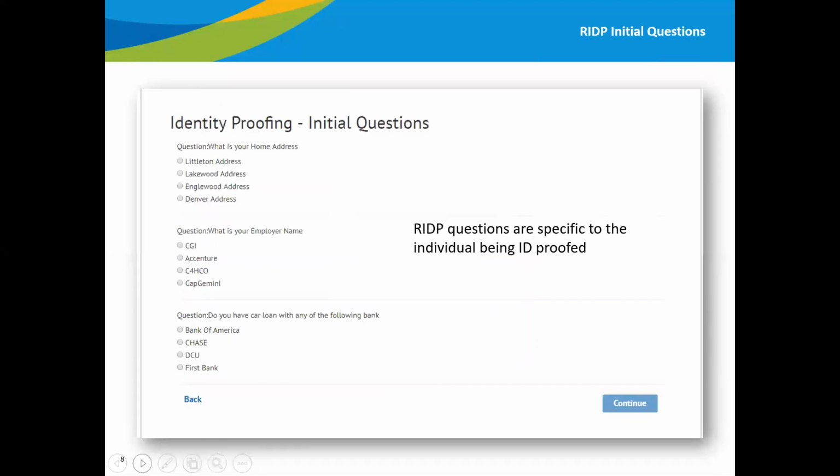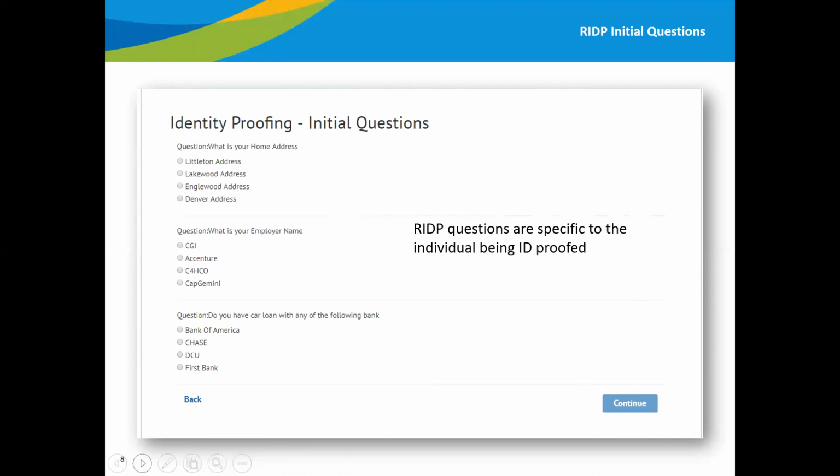Clicking the continue button, if we were able to then properly establish that the individual is eligible for remote identity proofing, meaning that there was a match within the Experian identity proofing system, so a vendor who is contracted through the Federal Data Services Hub or FDSH to do this work, these questions would be returned. So these are going to be specific to the individual who's being ID proofed.